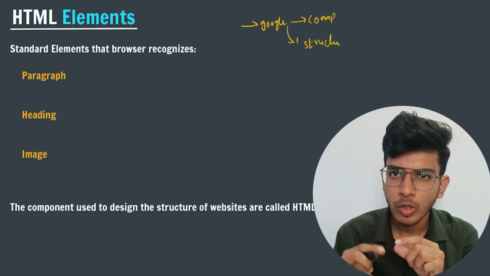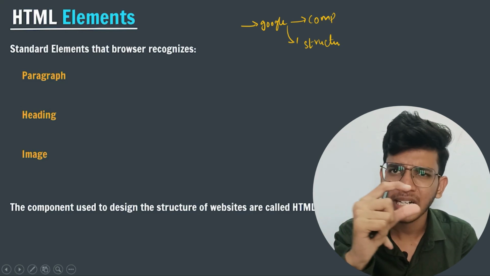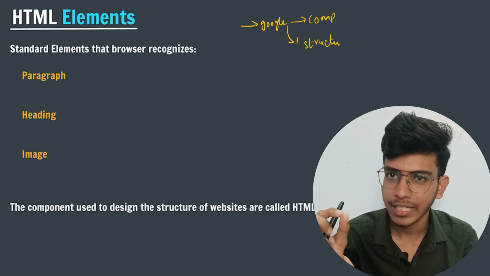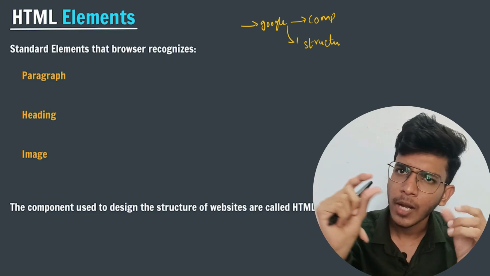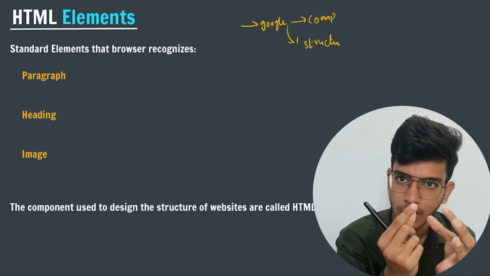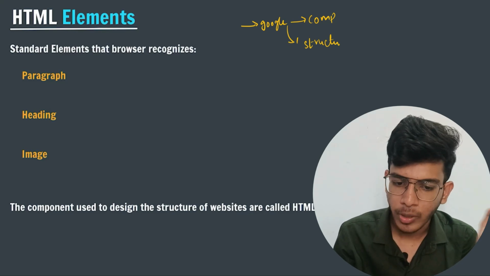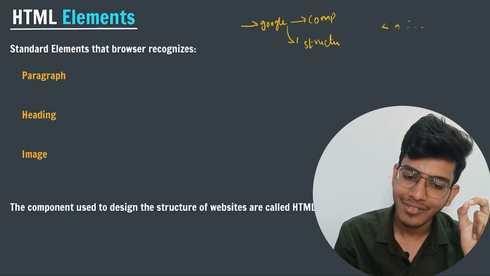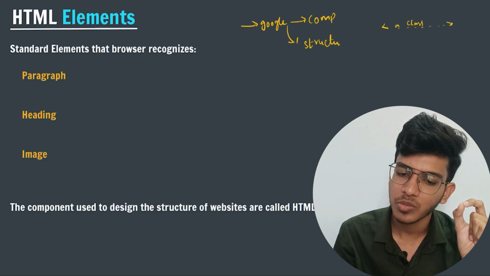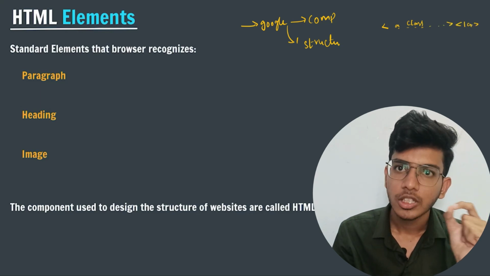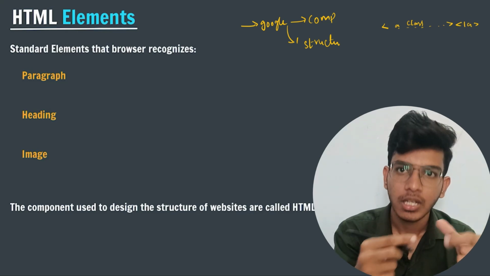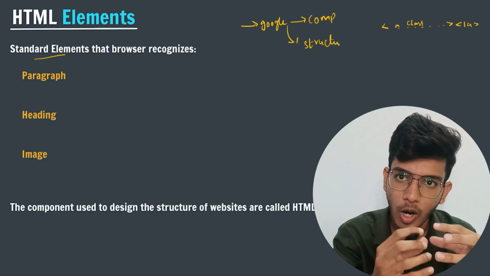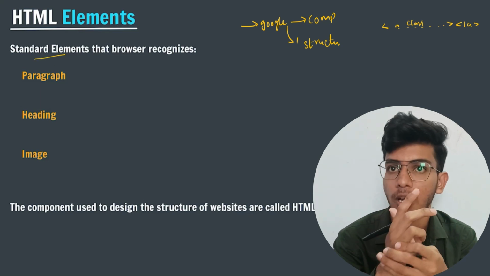Whenever I hover over the email button after clicking inspect, I get some boxes, and when I see the code of that, it shows an angular bracket with some class and so on. That box represents an element in HTML. Elements are the standard building blocks.